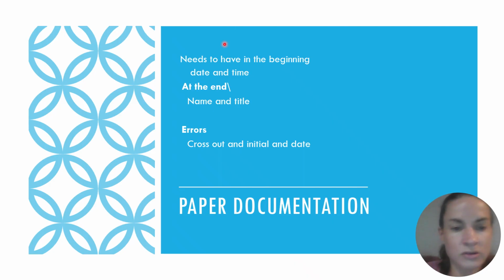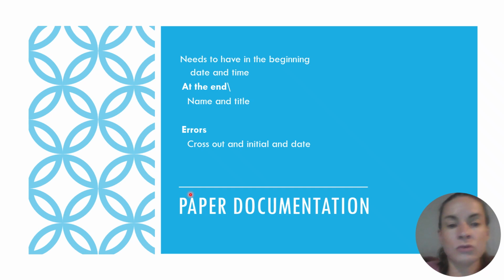Okay, so she also touched on paper documentation. It needs to have in the beginning the date and time, and then at the end you need your name and title. And if you do make an error, you can't erase, you can't make it illegible.